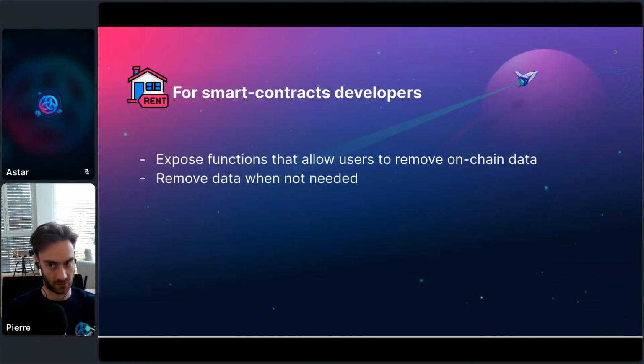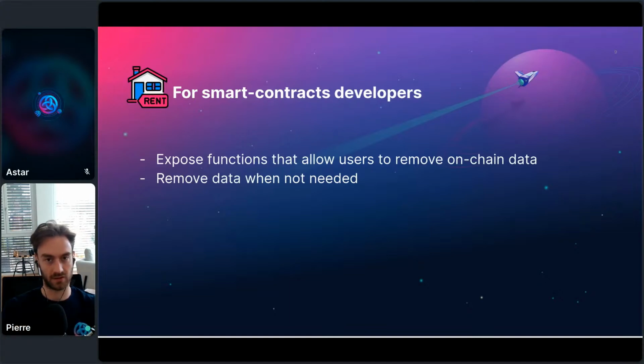So for smart contract developers, if you are an Ink developer or Ask developer, you should think about how the user can get this refund. You should either expose a function that allows users to remove on-chain data, or when you do some action, you should at the end remove data when it's not needed anymore.